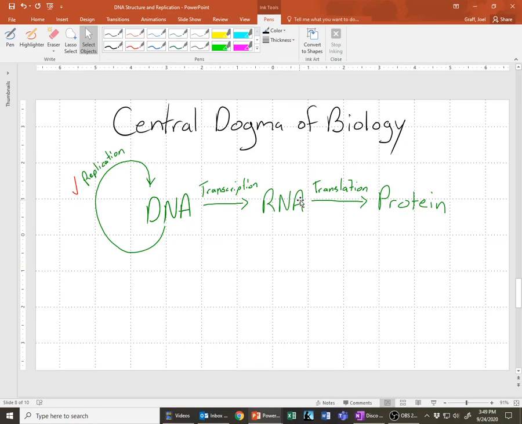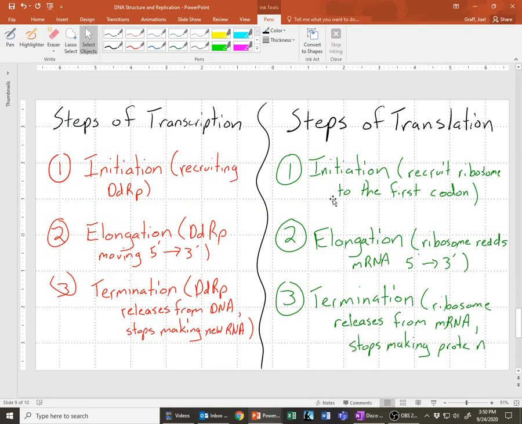RNA can be read by ribosomes and made into protein, and that's a process called translation. So DNA to RNA to protein is the flow of genetic information, and transcription and translation are the two steps. Okay, we're going to come back to the central dogma of biology in the next lecture.